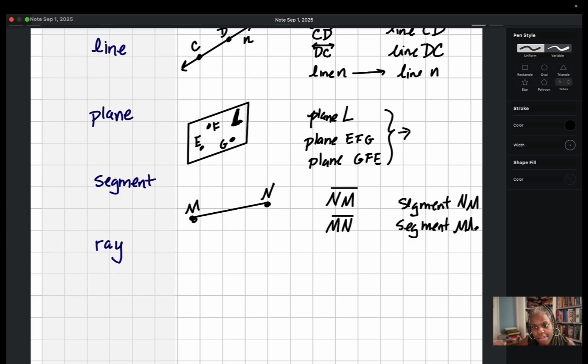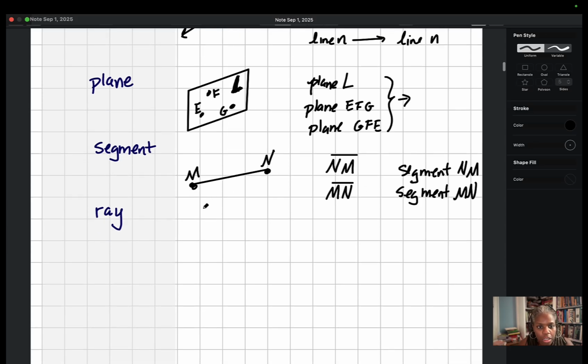All right. Finally, this is straightforward, but it's important for you to get it. So make sure you pay attention to this last one. Let's call this point D, and let's say this is C. The only way to refer to this ray is to call it ray DC.